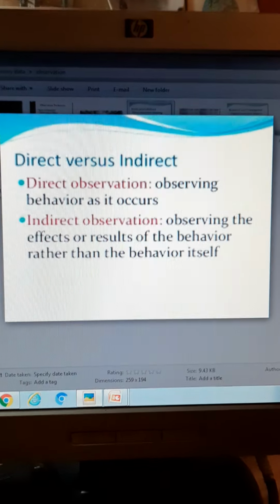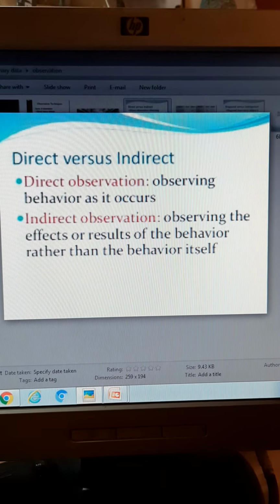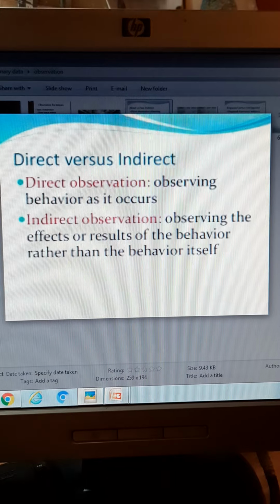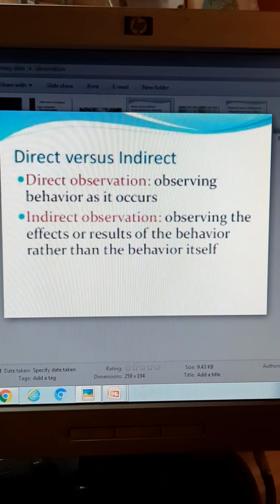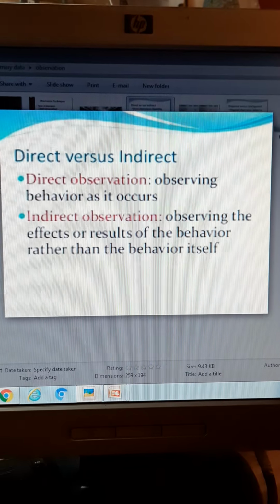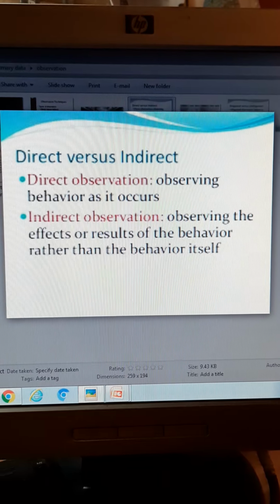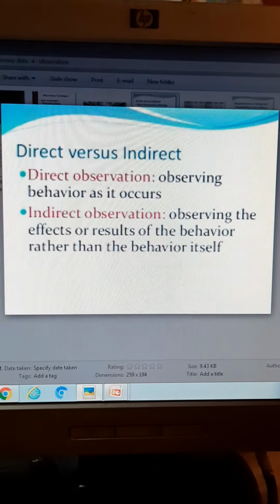Indirect observation is seeing the results. How many people actually come all the 7 days? Is the production going up or not? Is the supply chain being filled or not? Observing the effect of the results rather than the direct observation.